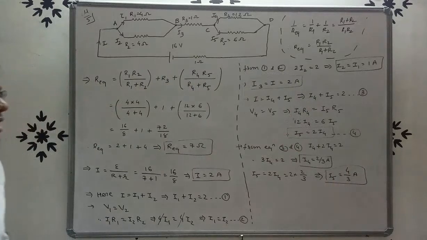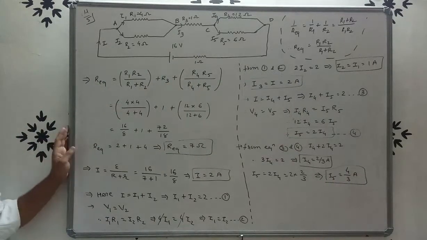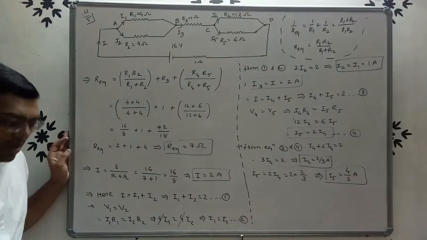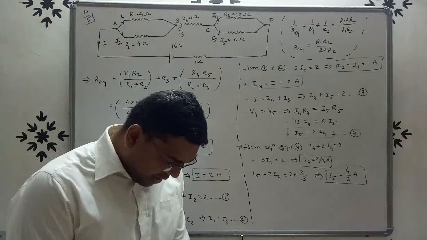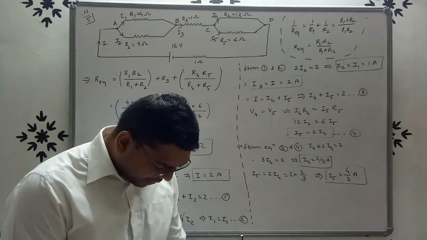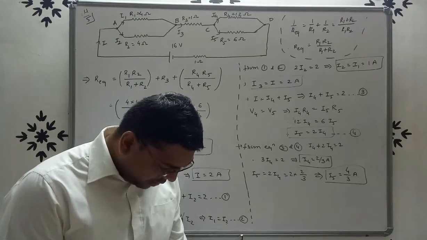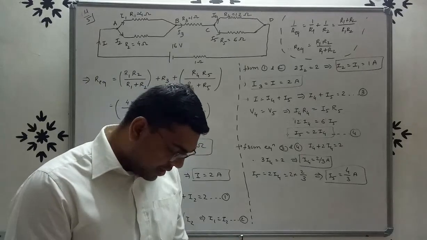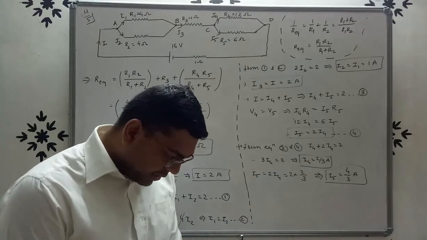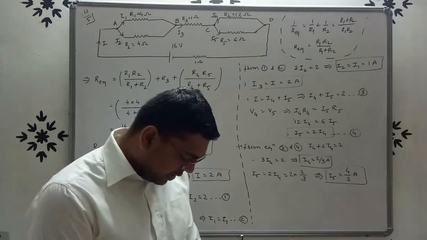So these are the currents which are passing through R1, R2, R3, R4 and R5. Now in the third case, we have to find out the voltage drop between VAB, that means A and B, then B and C, and C and D, right?